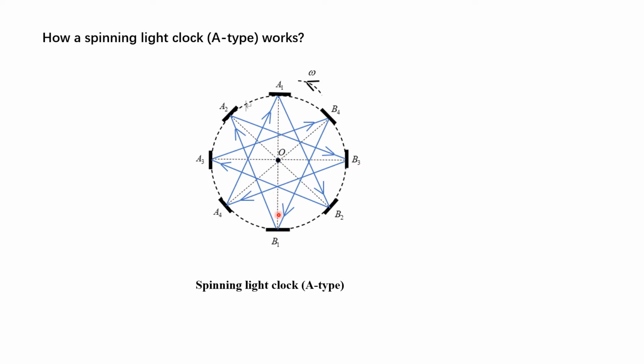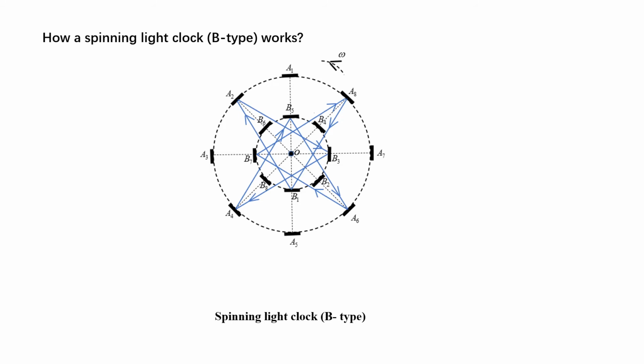However, if it spins, initially the photon is at the position B1, and the next step it will go to A2, and then to B3, and then to A4, and then to A1, and then to B2, and so on. So these construct an A-type spinning light clock.